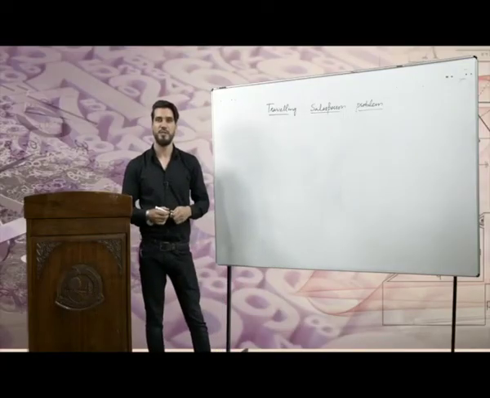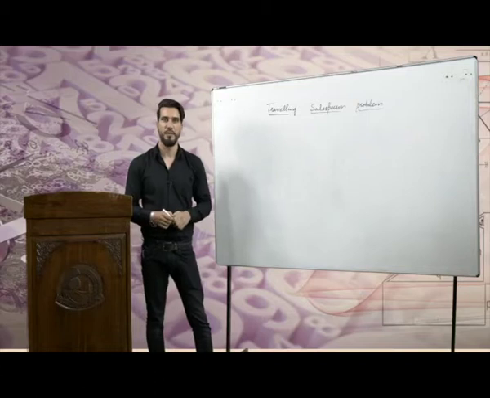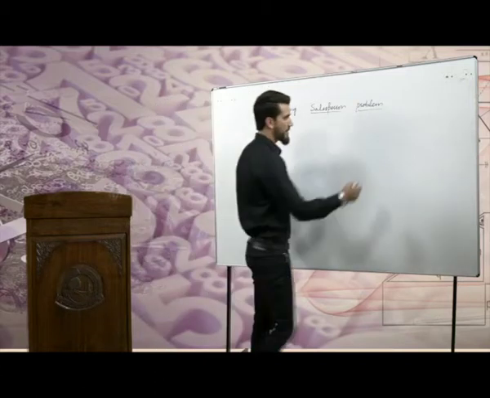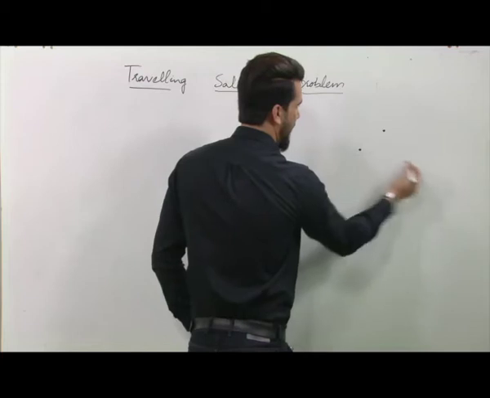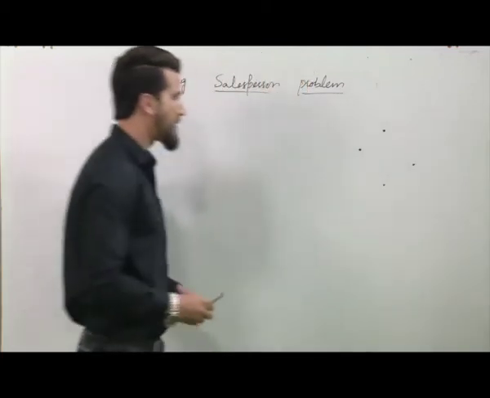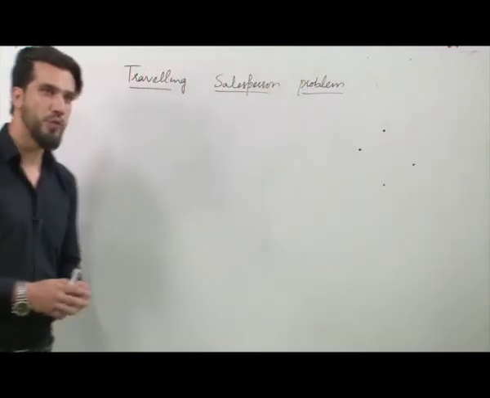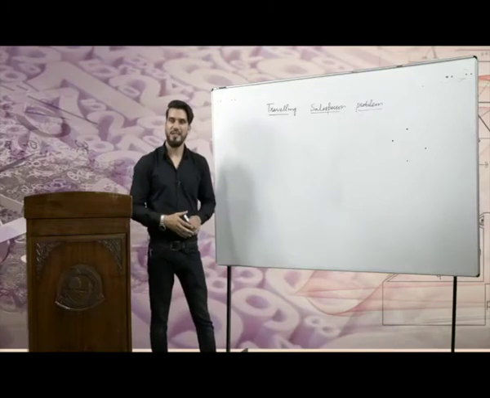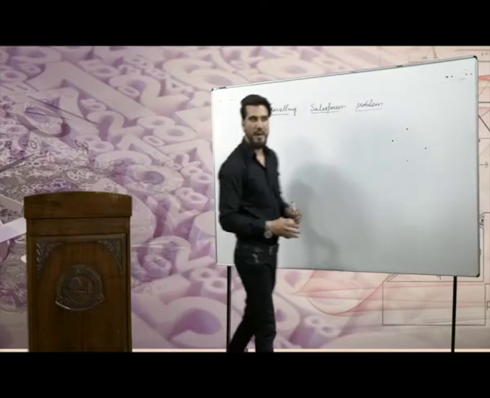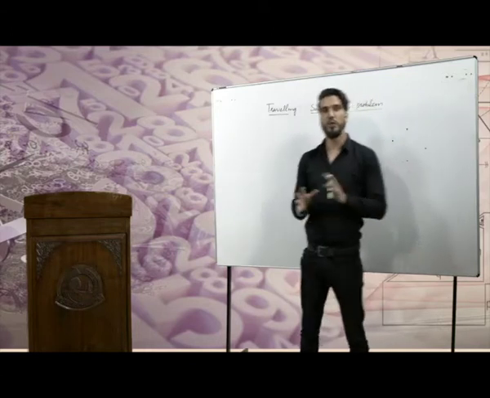First of all, we'll see what a traveling salesperson problem is. If you are given entities, a traveling salesperson wants to visit each of the entities exactly once, minimizing the total distance traveled.